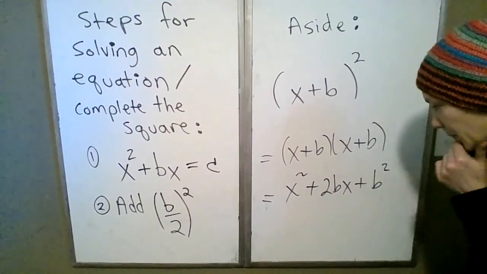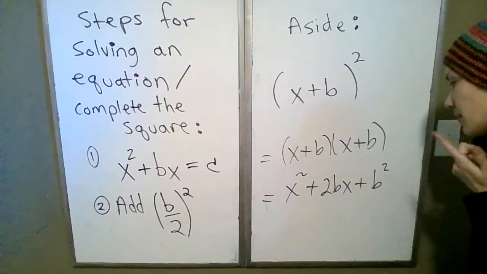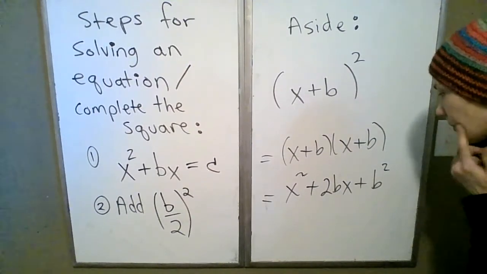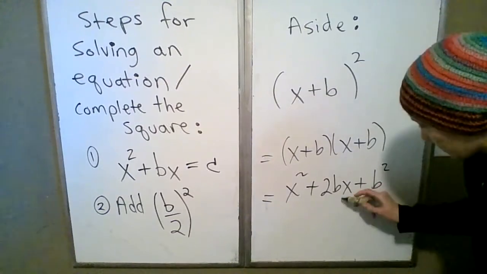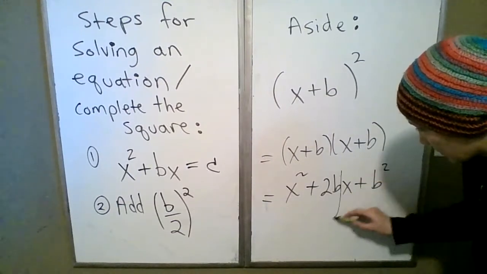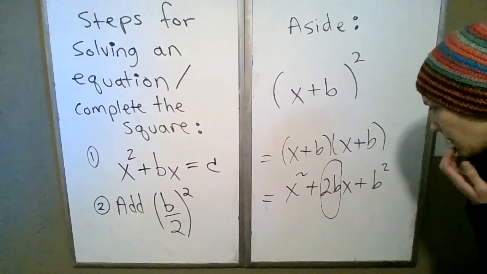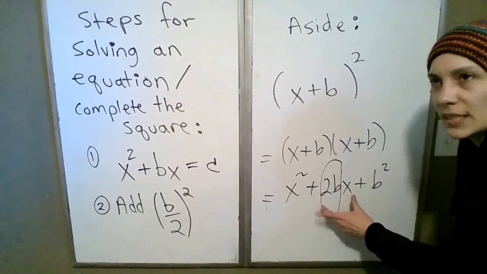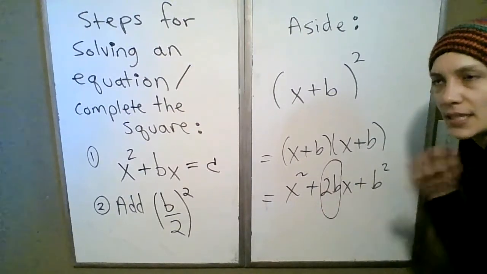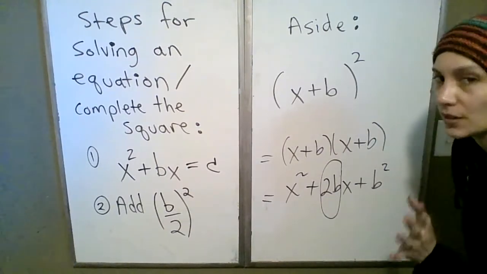Okay. So the number I need right here is b squared. And let's call this number, let's call it b star.